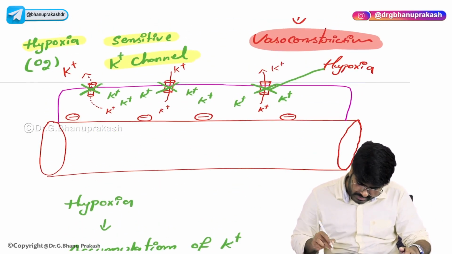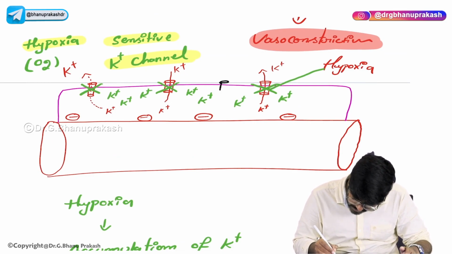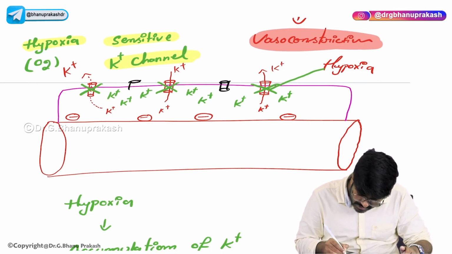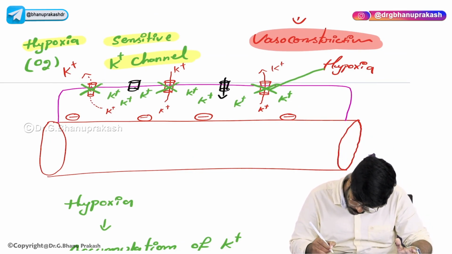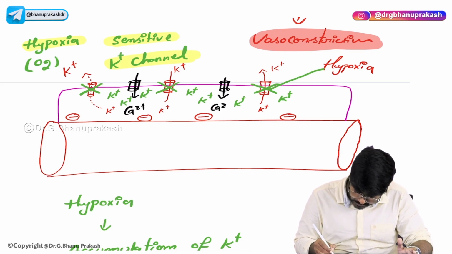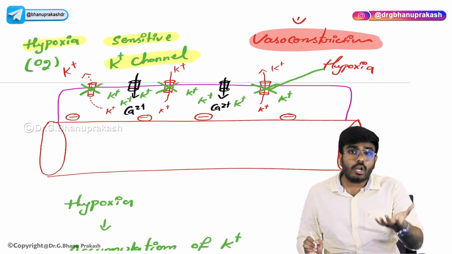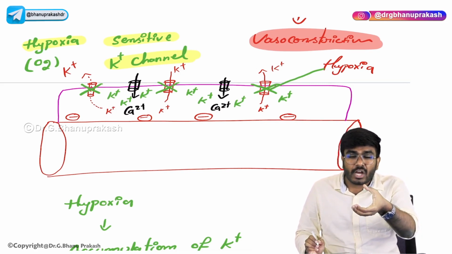On the surface of these smooth muscle cells are calcium channels which are all the time closed. But whenever there is depolarization, it will cause influx of calcium. We all know calcium is a smooth muscle contractant. Now the smooth muscles are contracted.